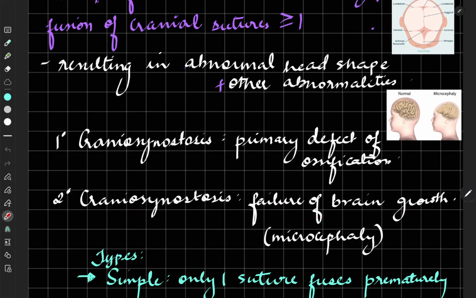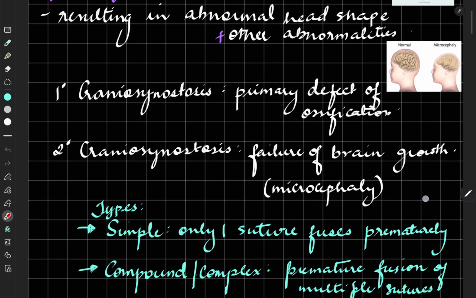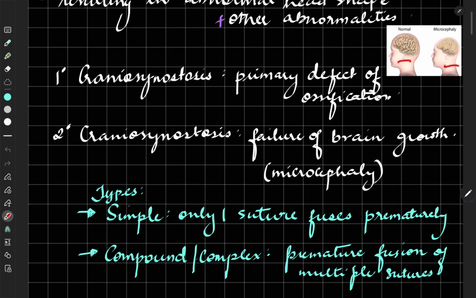Now since the sutures are fused early, the space for brain growth is very less. So if this is the original size of the head, this will be the head size. So the brain growing into it will not get enough space to expand. So there will be microcephaly. This is the normal and the microcephalous head.